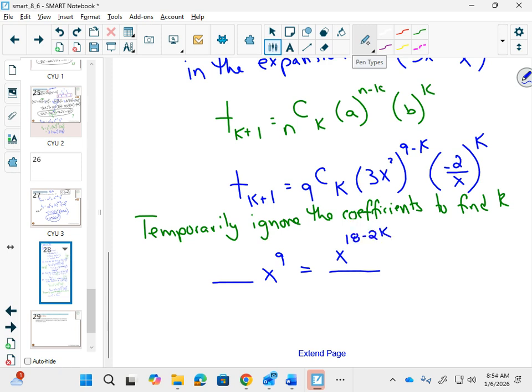Do you see that x squared to the 9 minus k would be x to the 18 minus 2k if those were multiplied together? That's your exponent law. So I'm going to have an 18 minus 2k in my numerator. And the reason I made a fraction, because can you see that in the second one you have x's in a denominator. If you ignored the negative 2, because it's just a number, and just thought about the x's and the exponents, can you see from the second bracket that you would have an x to the k? And that would be in your denominator.